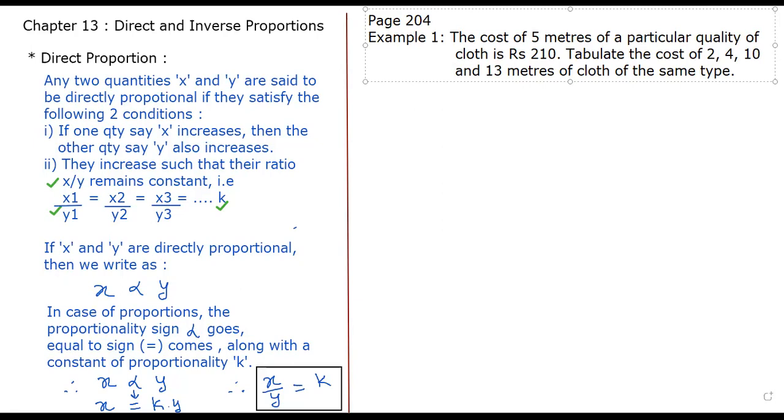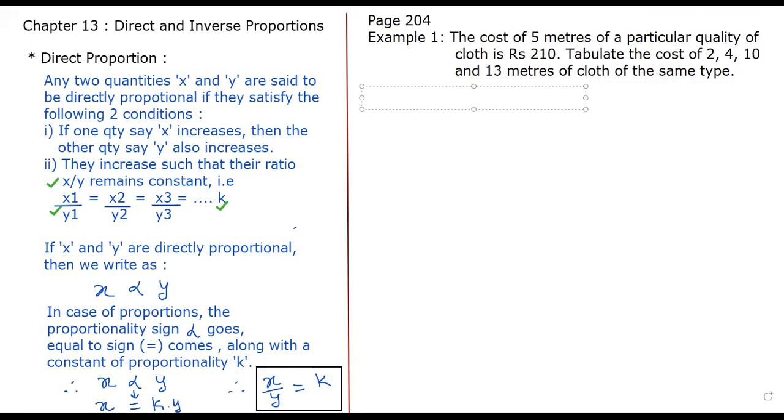Means it is going to be a direct proportion. Yes or no? Yes, sir. So in word problems, those cases where one quantity increases and another quantity also increases are going to be directly proportional. Yes or no? Yes, sir.